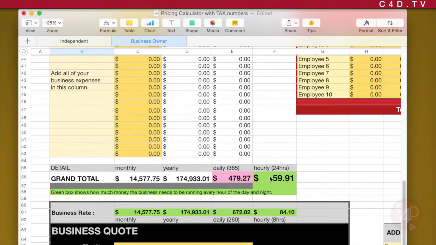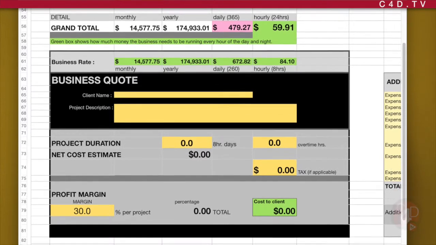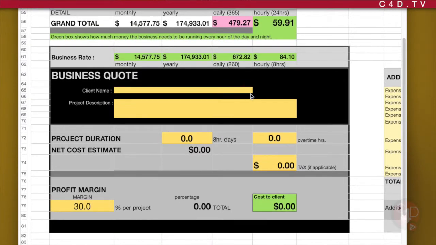Like I said, this number will bring you down to earth and recognize that you need to make $60 every single hour of the 24 hours that you live and breathe in this earth. Okay. Now going down, just like before, now instead of paycheck, because in this case we don't have a paycheck in the business, you can actually know that the business rate monthly is 14,577, just like the numbers over here.